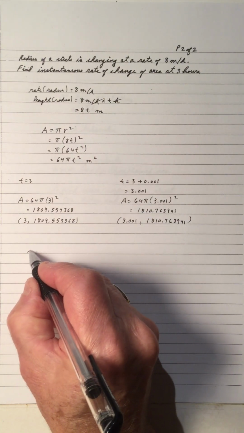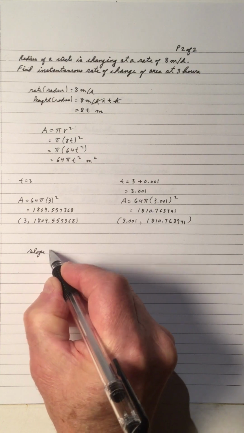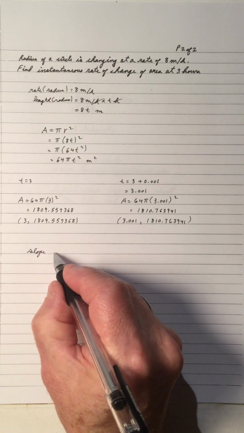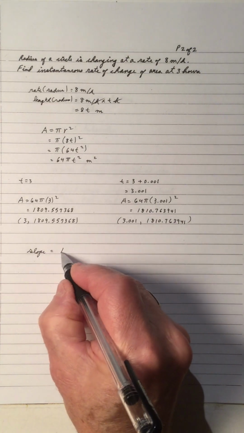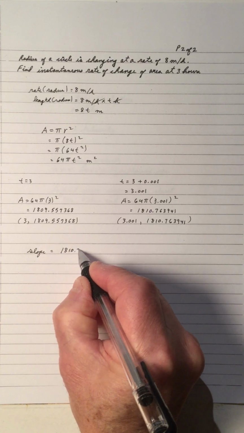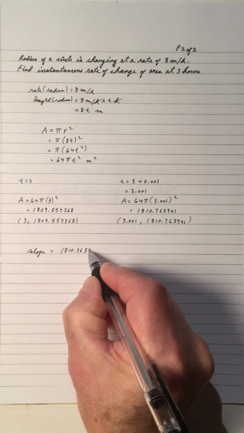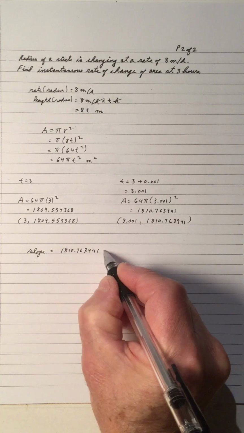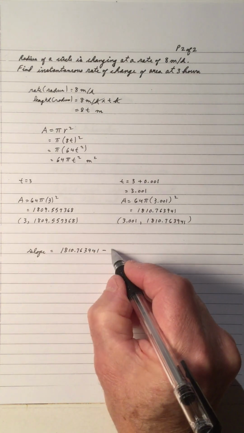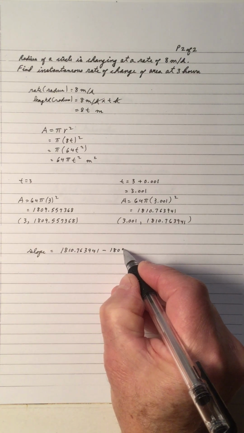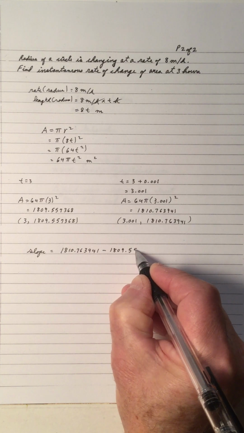So the instantaneous rate of change is the slope. So the slope that the area is changing at is y2, which is 1810.763941, subtract y1, that's the way I do it.